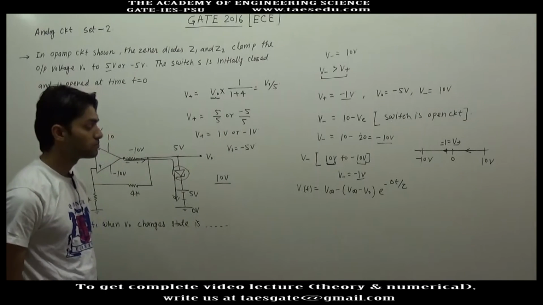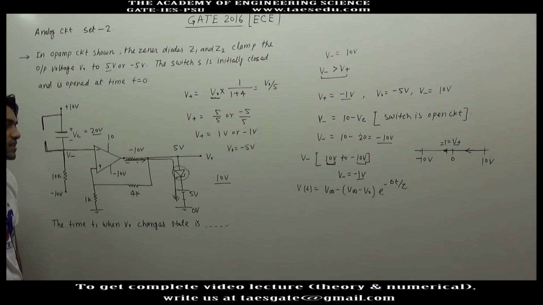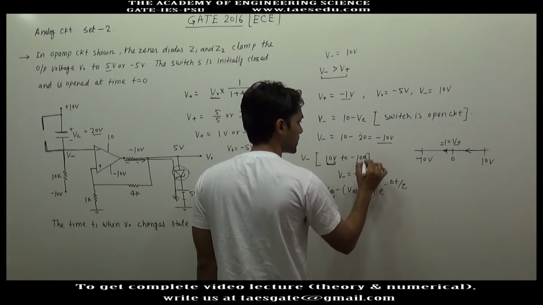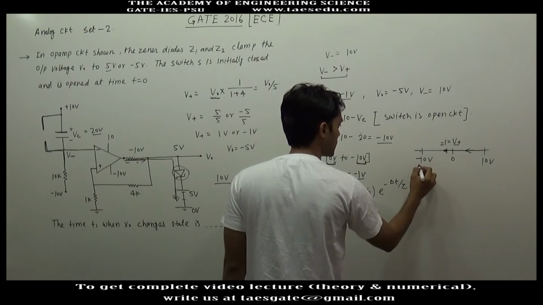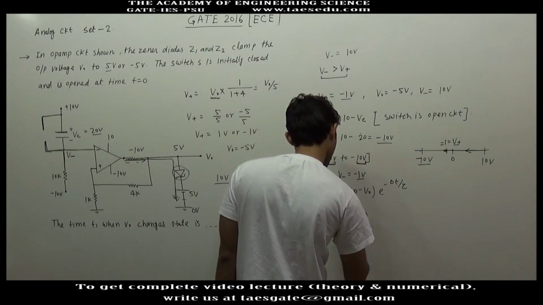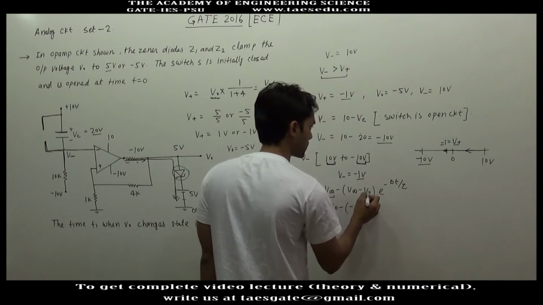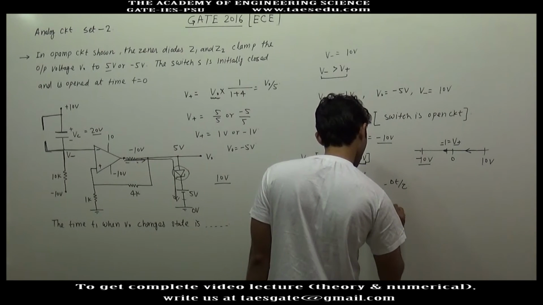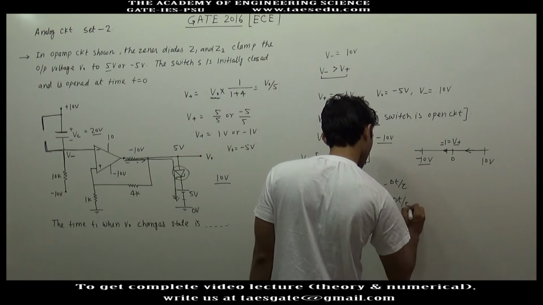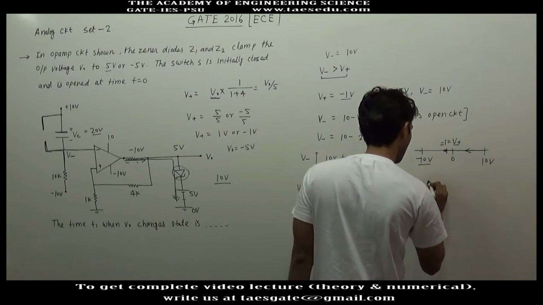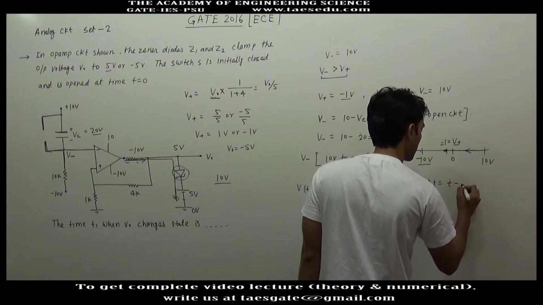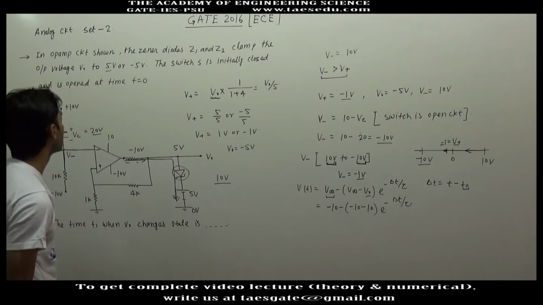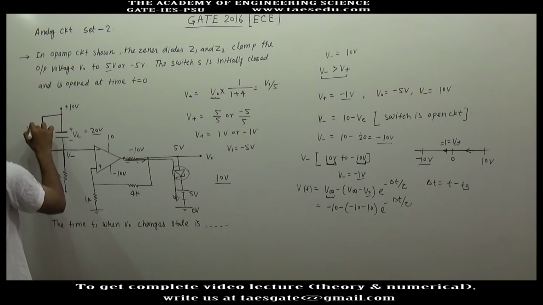This we have studied in network DC transient circuits. V infinity is the steady state voltage. The steady state voltage of V minus is minus 10 volt. V naught is the initial voltage, 10 volt, where delta t is the absolute time minus the time of transient. The time of transient t naught is 0, since the switch is opened at t equal to 0.